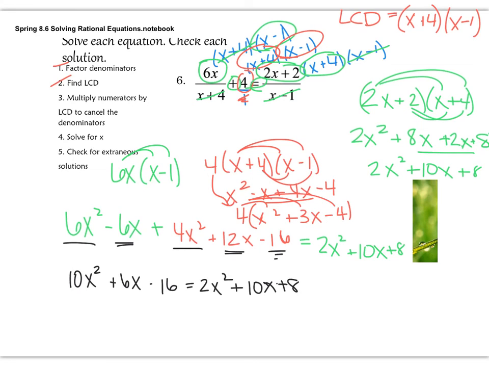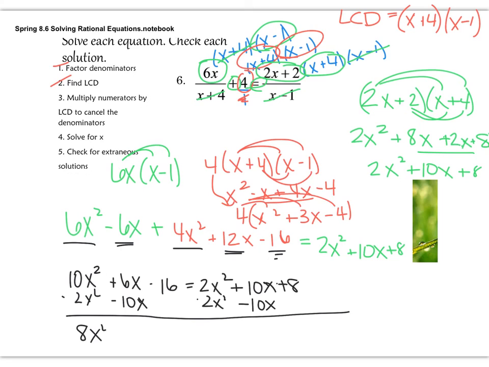I have an x squared, which means I need to set it equal to 0. So I'm going to subtract the 2x squared, which gives me 8x squared. Subtract the 10x, which gives me negative 4x. Subtract the 8, which gives me negative 24. All right, now it's set equal to 0.